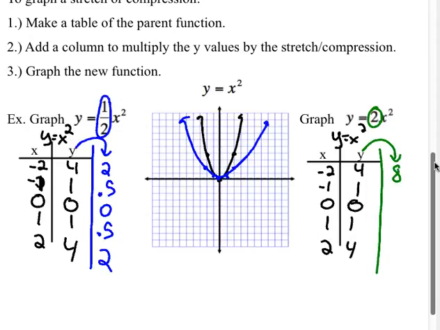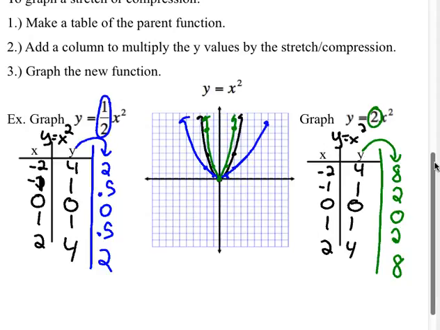So I'm going to get 8, 2, 0, 2, and 8. Those are the new y values that I plot. So 0, 0, 1, 2, 2, 8. Now for the stretch, look at how quickly it rises.